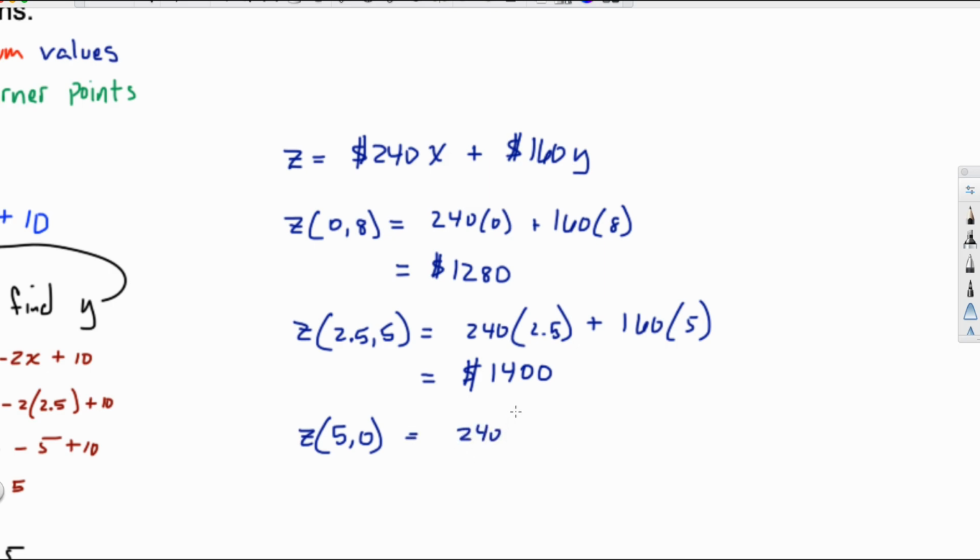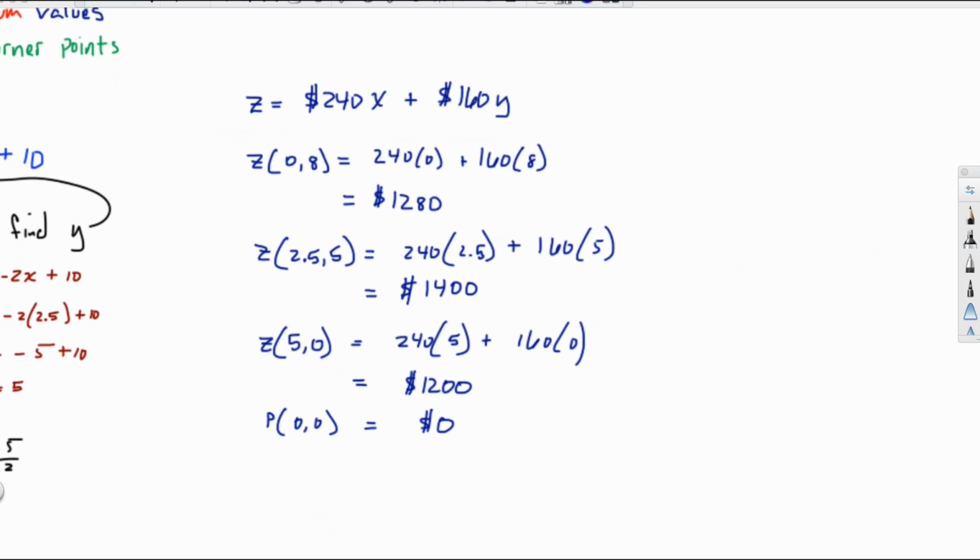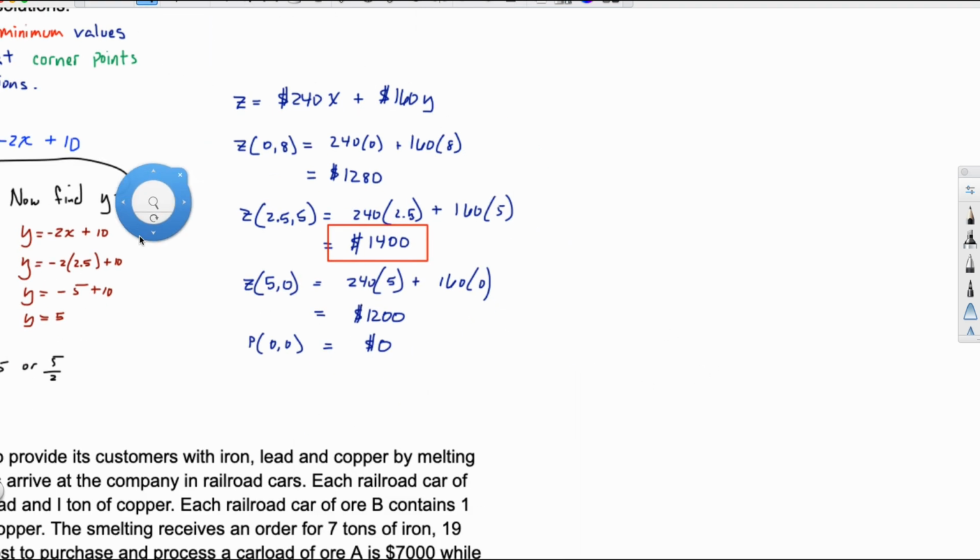That means we do all coffee tables and no end tables. And this is going to return us 1,200. Of course, if we don't make anything, we're going to get 0. So (0, 0) is definitely the minimum. And our maximum is 1,400.